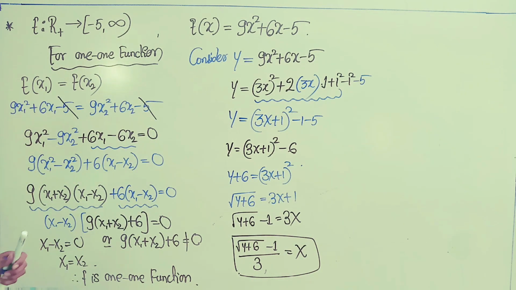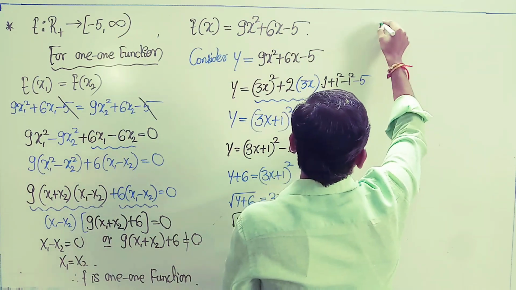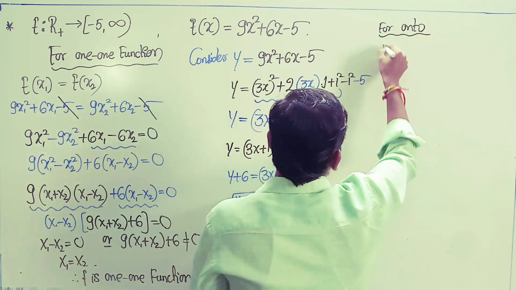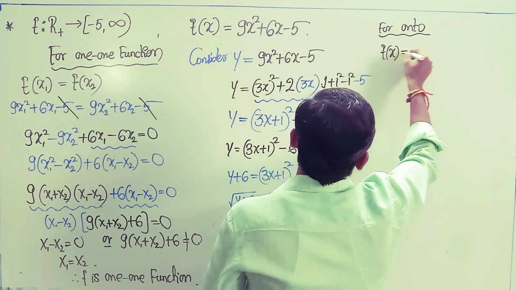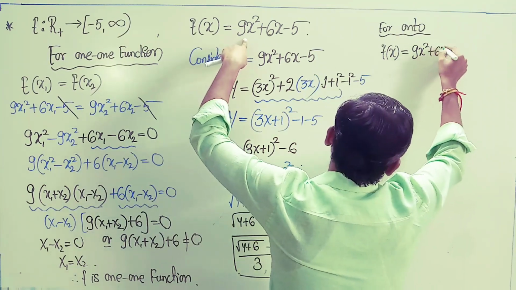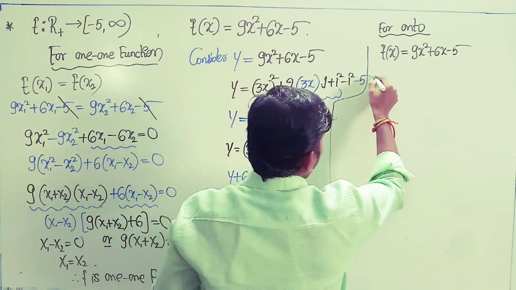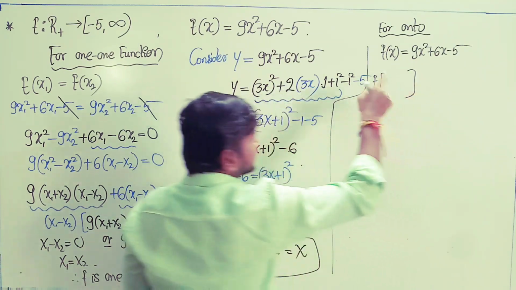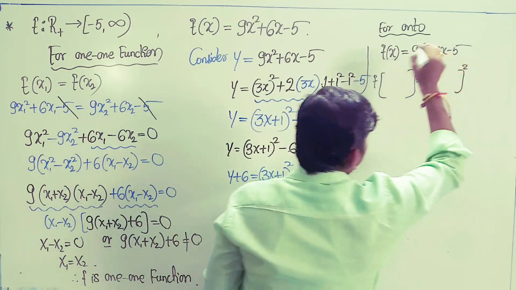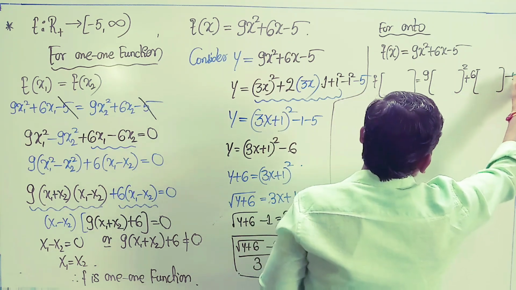Okay now? Now after that, the last step is for onto. How to take onto? Write the given problem as it is. F of x equal to 9x square plus 6x minus 5. I wrote it. Okay now? Then after this one, f of, leave the x space empty. 9 into, leave the x space empty, plus 6 into x space empty, minus 5.